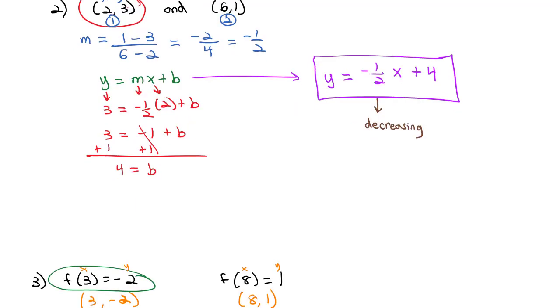All right, let's go back to applications, because like I said, with functions, we want to be modeling the real world. And linear functions are often very helpful to help us model various situations.